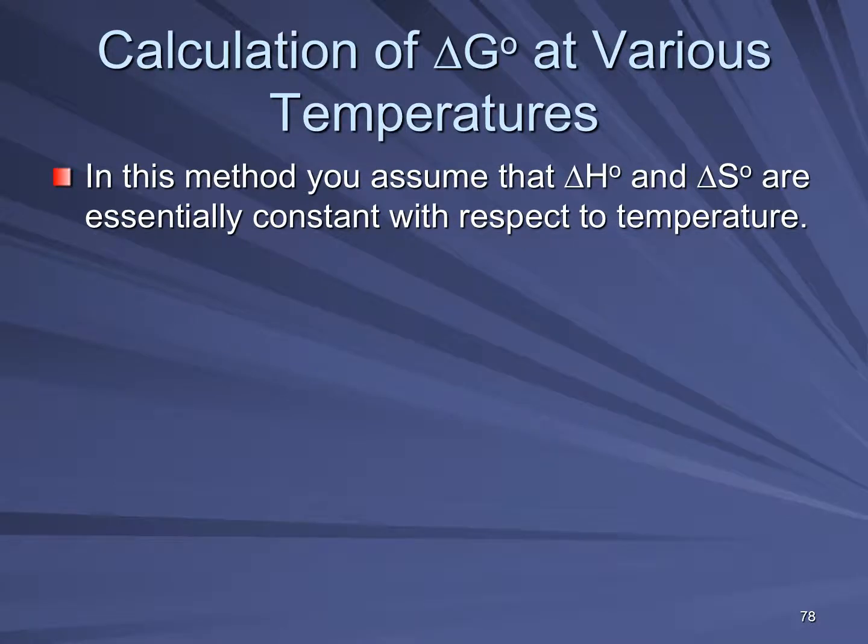So from that last discussion, we know that delta G is not always going to be the same with changing temperature. We are going to assume, though, that delta H and delta S do not change with temperature. So exothermic or endothermic, it doesn't really matter what the temperature is. A reaction will still be exothermic at all temperatures, and it'll be ordered or disordered regardless of temperature.